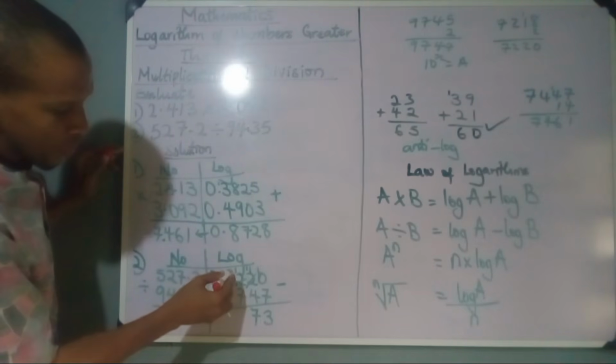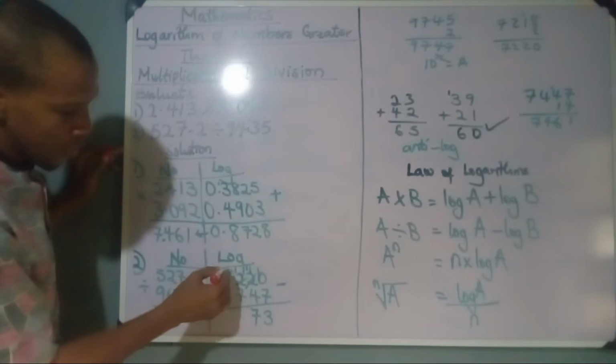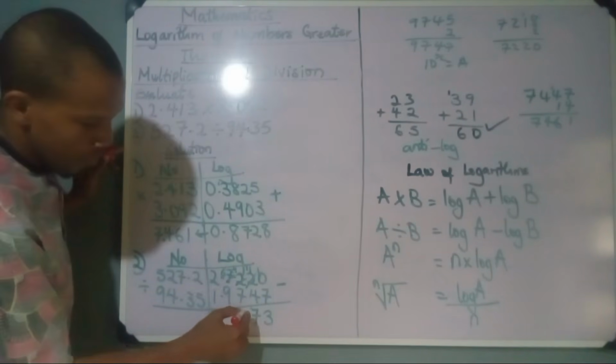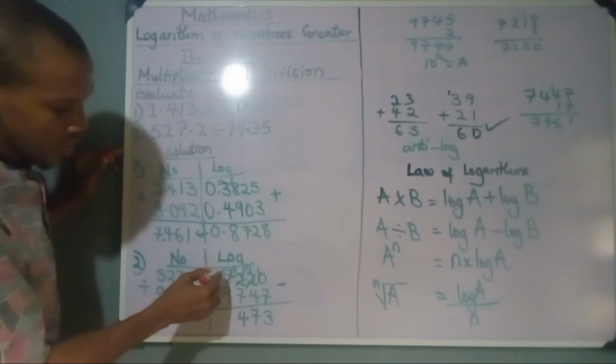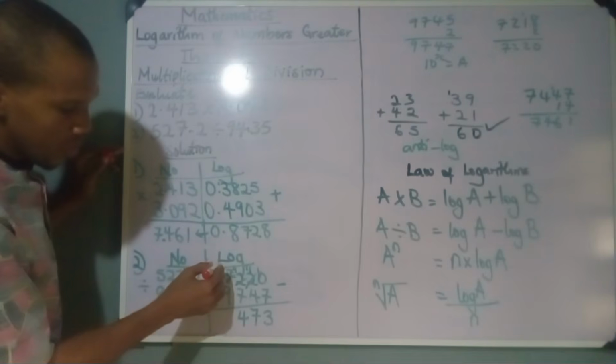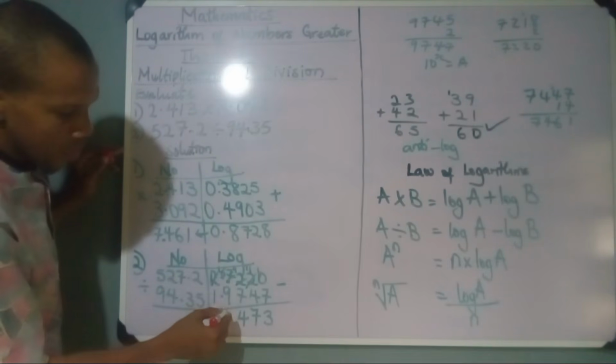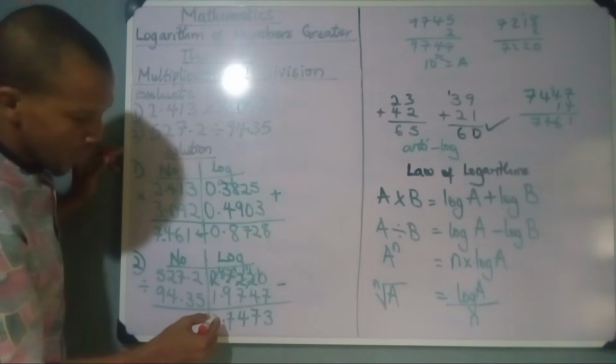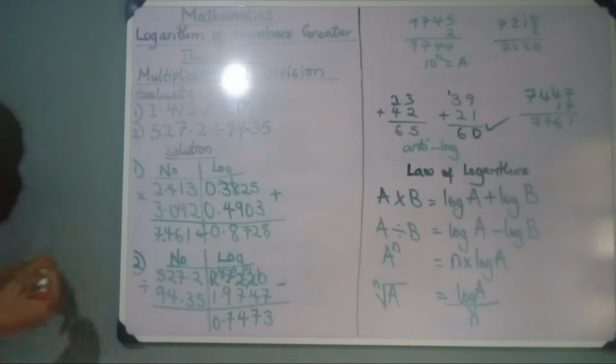Now 1 minus 7 can't go, I'll take 1 from here, it means 6, so 11 minus 7 here is 4. Now 6 minus 9 can't go, I'll take 1 from here, 16 minus 9 is 7. And 1 minus 1 is 0.